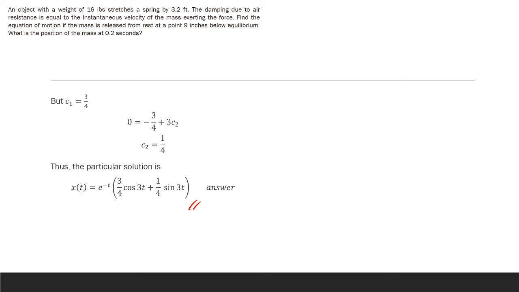Now, we were also asked what is the position of the mass at 0.2 seconds. We directly substitute, because what we are looking for is the position, which is x. So we have x is equal to e raised to negative 0.2 times 3/4 cosine of 3 times 0.2 plus 1/4 sine of 3 times 0.2.